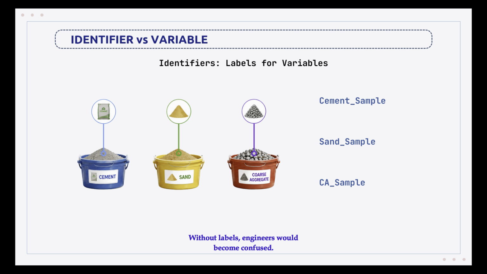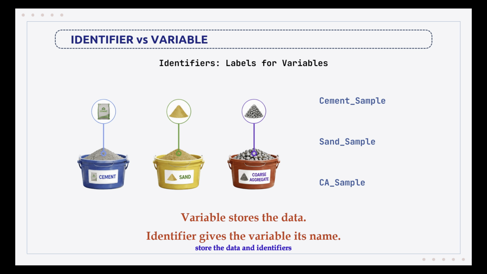Without labels, engineers would become confused. Similarly, in Python, variables store the data and identifiers are the labels used to identify those variables. So you can remember, variable stores the data and identifier gives the variable its name.